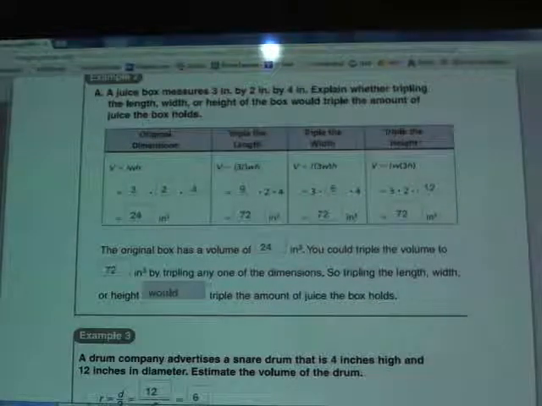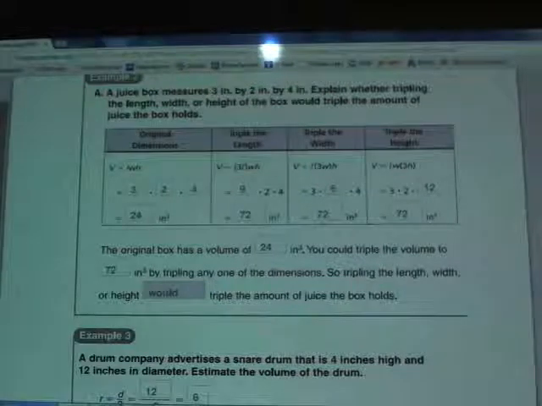All right, so the best way to do this, mathematically speaking, is to try it. They're asking for a lot here, very true. They're asking for us to try it with tripling the length, and then tripling the width, and then tripling the height, and see if any of those triples the total volume.